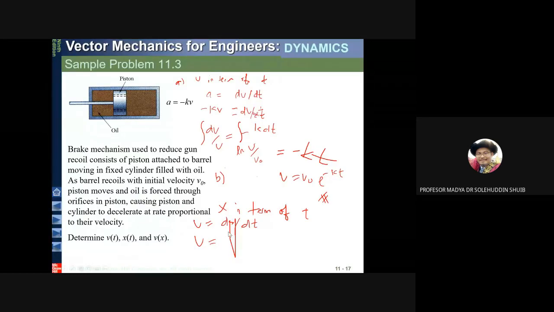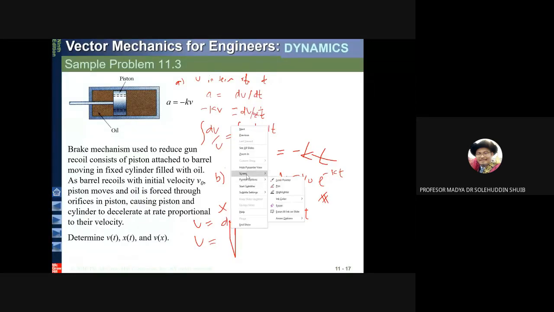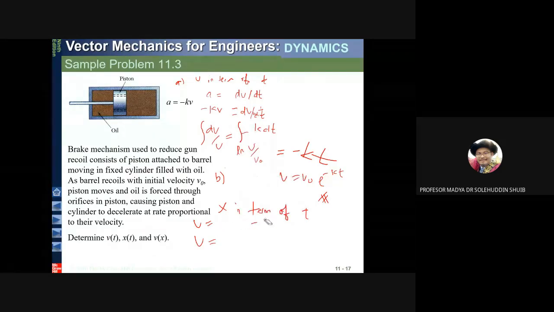Oh, my pen keeps jumping. Sorry about this one. Okay, so we have the value of dx dt.